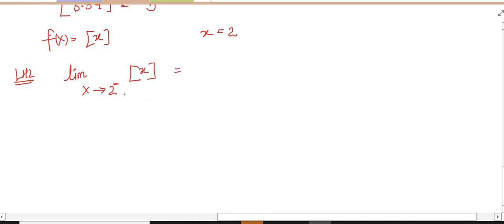What is the meaning of 2 minus? 2 minus means a number which is very close to 2 but a little bit less than 2. Here, instead of solving it directly, we can use the h method.